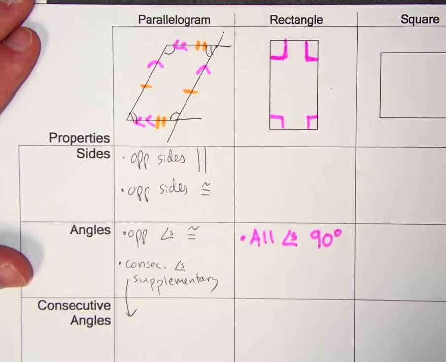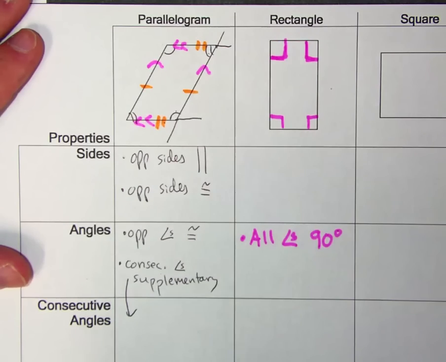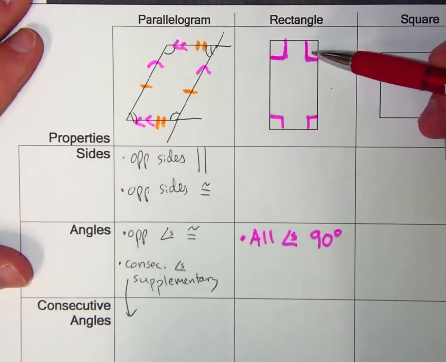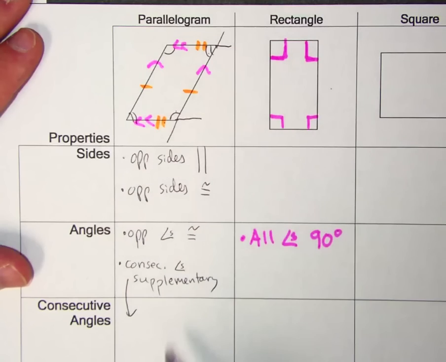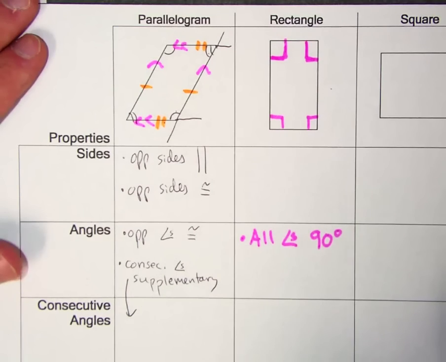All the angles are 90. That's a huge difference. And are the consecutive angles supplementary? Sure. 90 plus 90 is 180. All those things are still true.